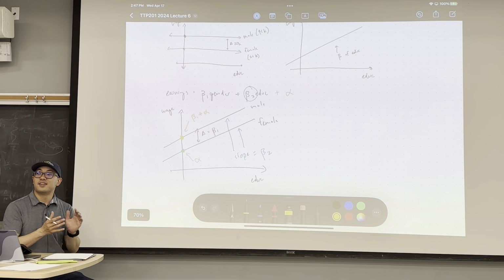And then when you have interaction effects, your slopes are described by the continuous variables plus the interaction, and your intercepts are the same as before, still with your intercept and your categorical variable.